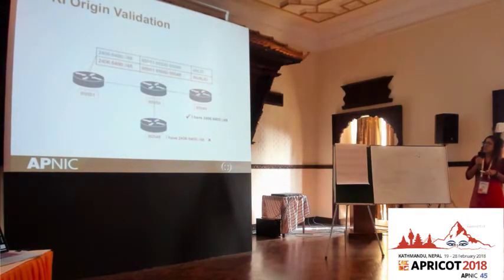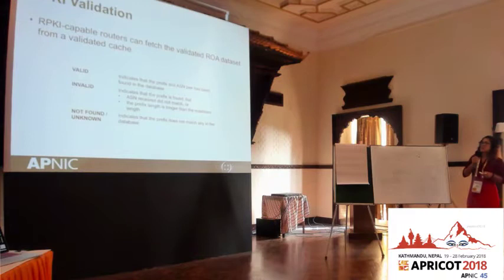So this router receives both messages with different origin AS, and when it goes and checks the information it gets from the RPKI cache, it sees that the origin AS should be this one, so it can say that this BGP message is valid, while as this has a different origin AS, that message is tagged as invalid. So that's basically what RPKI origin validation is. It's assigning a status to all the BGP messages received by a router based on the information the router is getting from the RPKI cache.